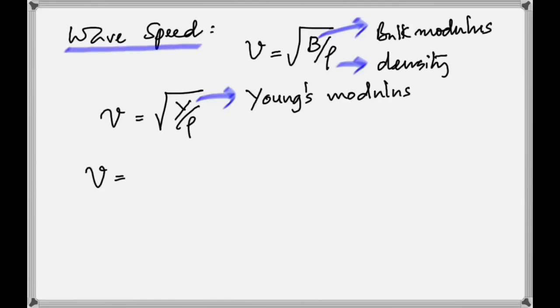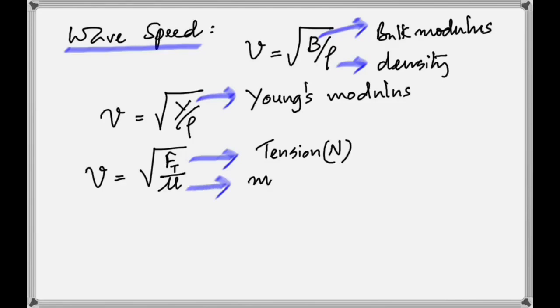If we are considering a stretched string, then the speed is given by square root of F_T by mu, where F_T is the tension at which the string is kept, and mu is the mass per unit length, which means it is the mass of 1 meter of the string.